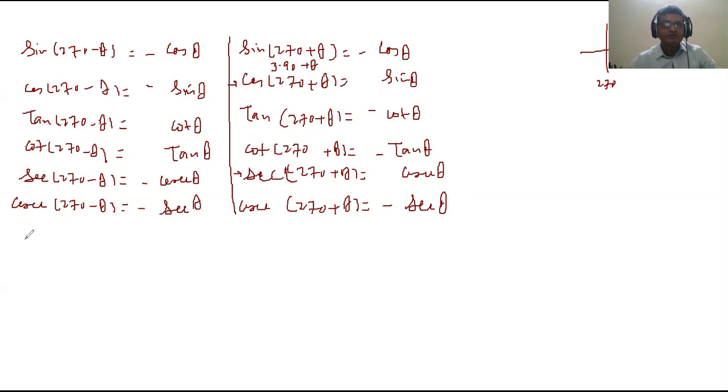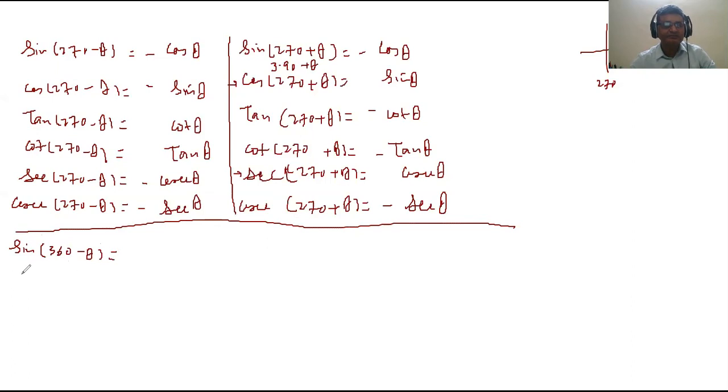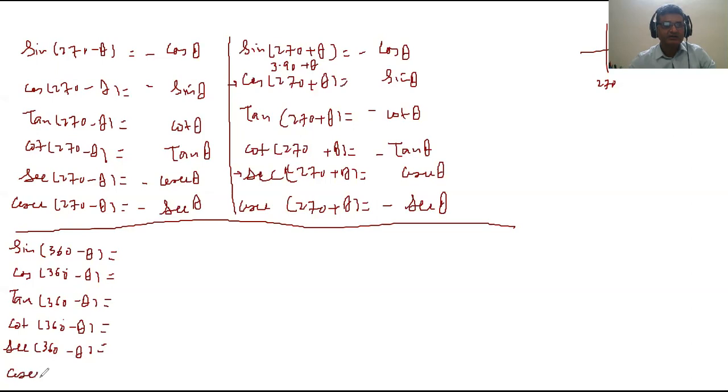Now, similarly, sine 360 minus theta, cos 360 minus theta, tan 360 minus theta, cot 360 minus theta, sec 360 minus theta, and cosec 360 minus theta.